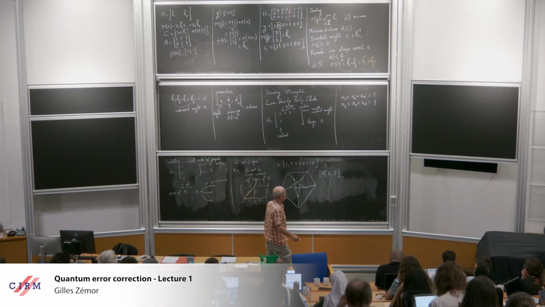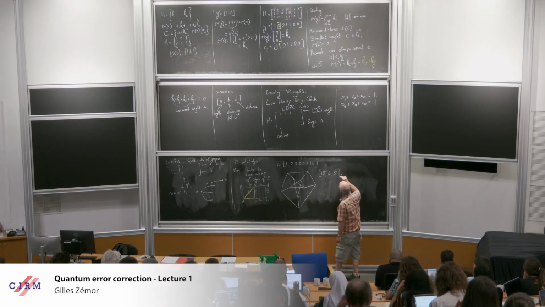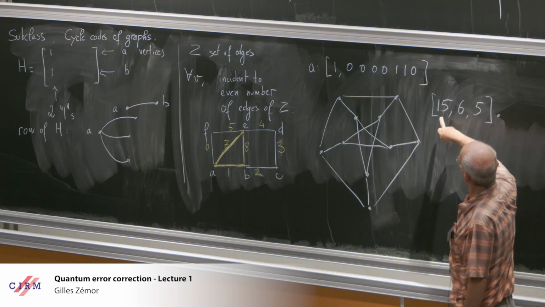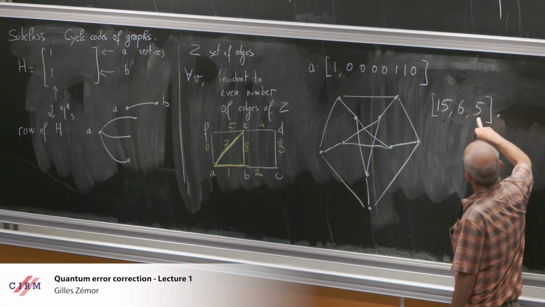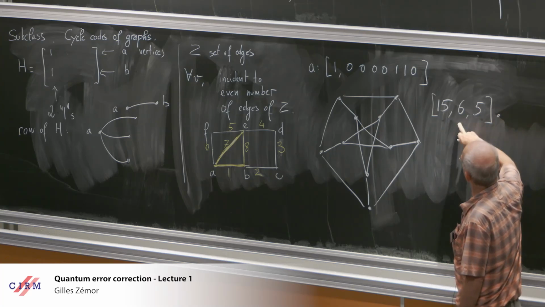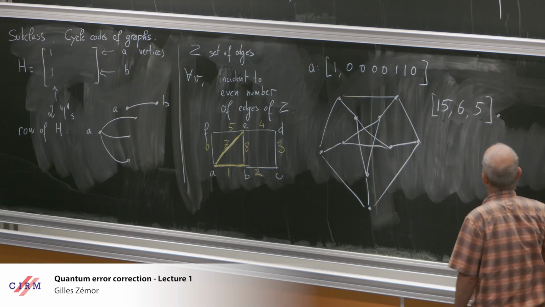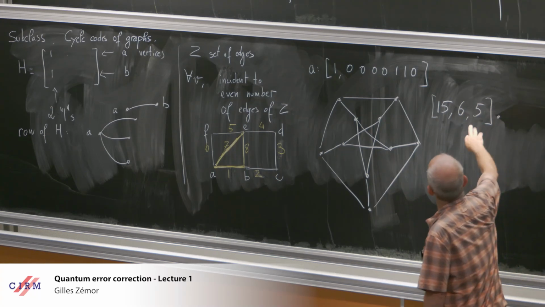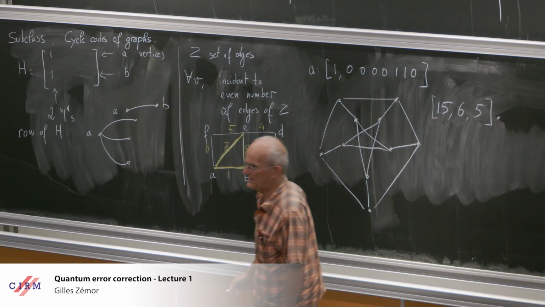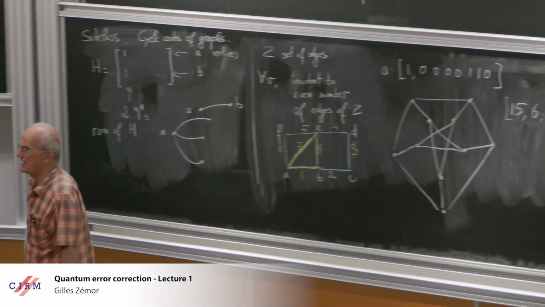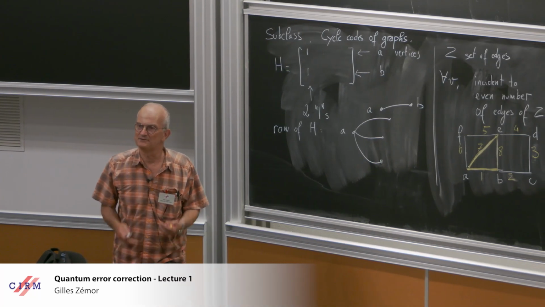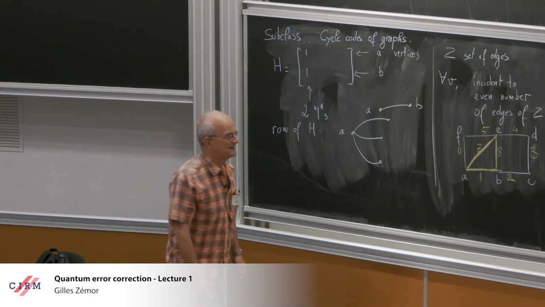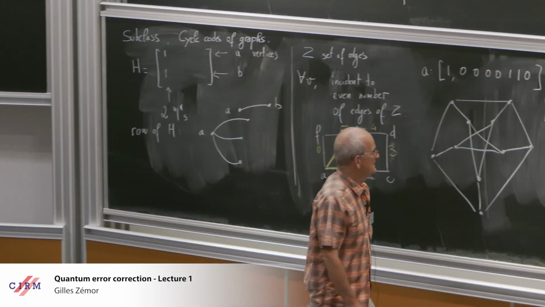And it's not the best possible code in length 15 and minimum distance 5. There's one with dimension 7 and not 6, but it's still pretty good. If you want to construct such a code by hand from scratch, it will take you time to figure out how to do it.